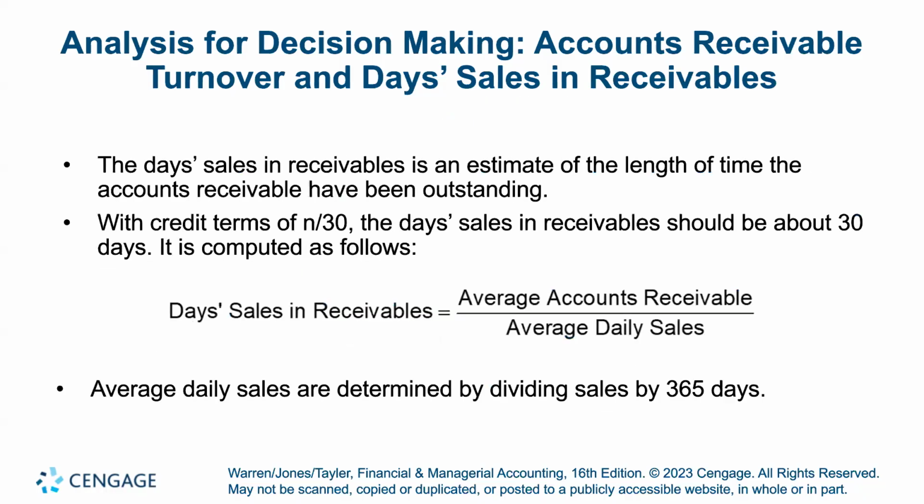And then the other is what's called days sales in receivables, which is our average accounts receivable divided by our average daily sales. Average daily sales is sales divided by 365 if the period we're looking at is a year, right? If we were looking at a month, it would be sales for the month divided by 30 or whatever.